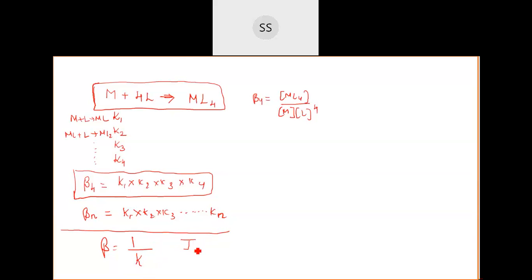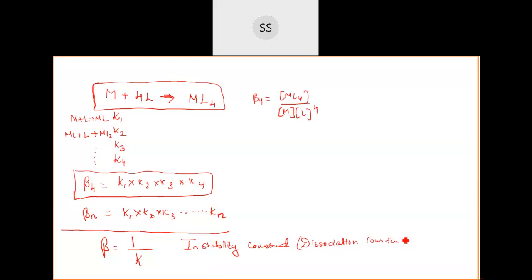It is also called the instability constant. By taking the reciprocal of the stability constant, you get the instability constant, also called the dissociation constant.